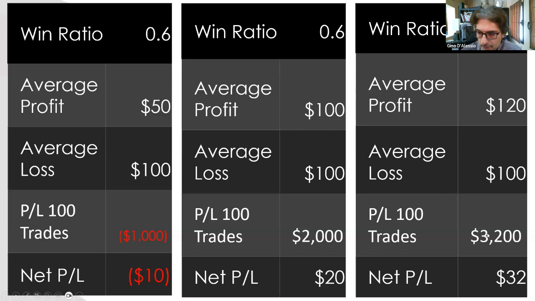So now if I trade 100 trades, I'm going to make $2,200, and that's a lot higher than even the previous one where the average profit was equal to the average loss. So we have to aim for potential profits that are higher than the amount of money I have to risk to enter the trade.